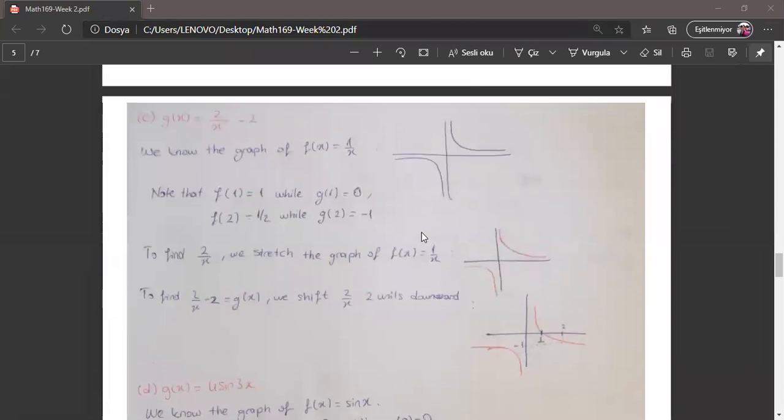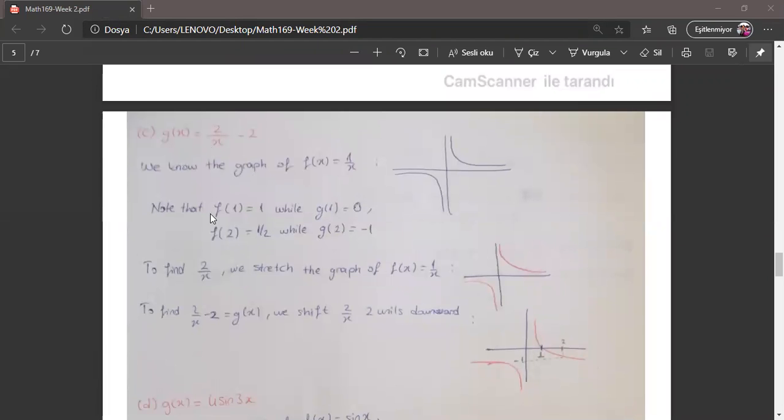What about this? I just write these ones to see later after sketching the graph of the given function. So we know again 1 over x, right? To obtain the graph of g of x, first we need to find this one's graph.